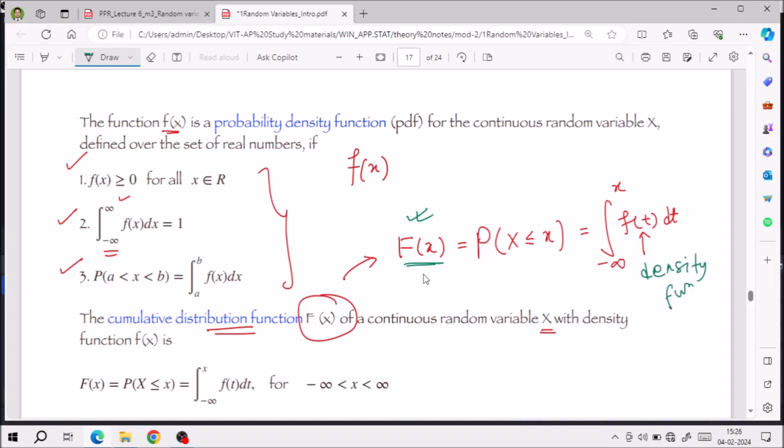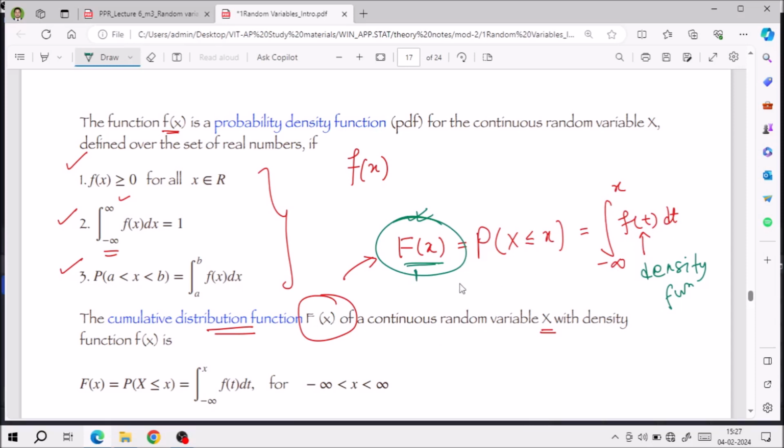So the relation between the cumulative distribution function and the density function is this. In some problems you'll see the density function is given, but with the help of the cumulative distribution, they will ask you to find a certain probability. All right. So in that case, we need to use this formula. So just keep in mind that capital F(x) is equal to probability of X less than or equal to x, and this is given by the integration from minus infinity to x of f(t) dt.